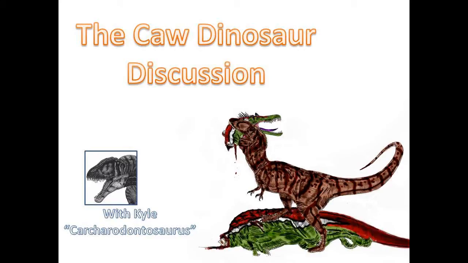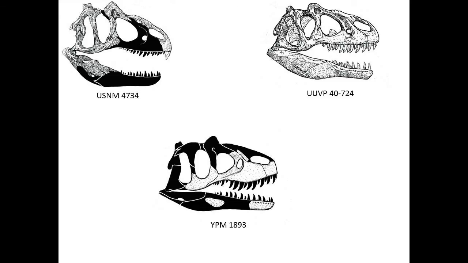I'm here today to do a video that I've been wanting to do for a bit. Recently I did some calculations at school, and I probably shouldn't have, but I got bored. I wanted to look at the variation in Allosaurus fragilis, and I used a couple of specimens.